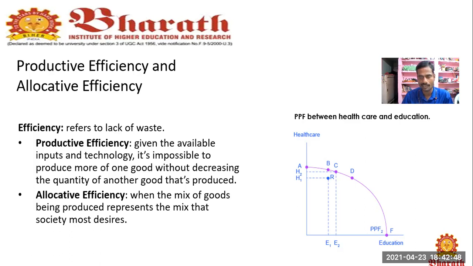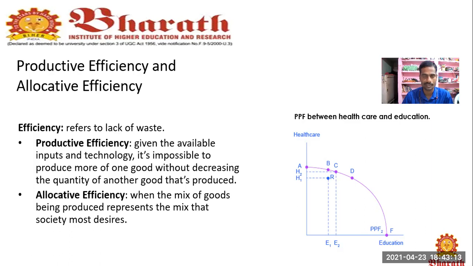Here in this definition, technology is absent. If we include technology in the production function, then the situation would be different. Without decreasing, we can increase the production of both commodities.